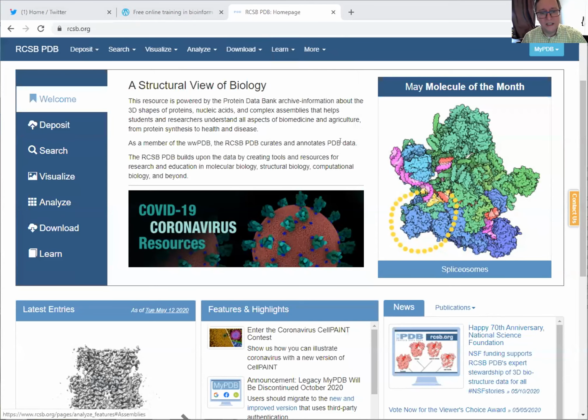So what we see is that a lot of these great resources are available to us. And we also see that we have entire toolkits built around the manipulation of 3D structures of proteins. One of the big ones out there is called PyMol, P-Y-M-O-L.